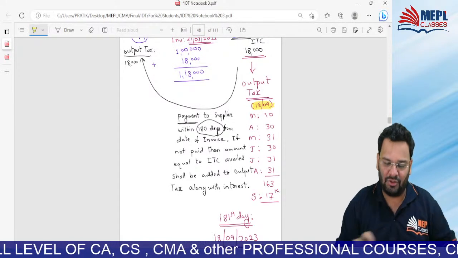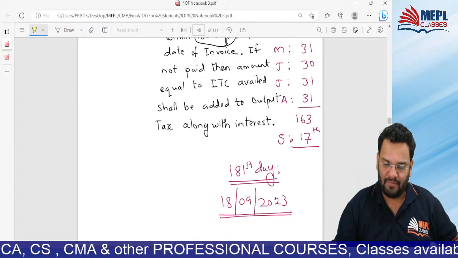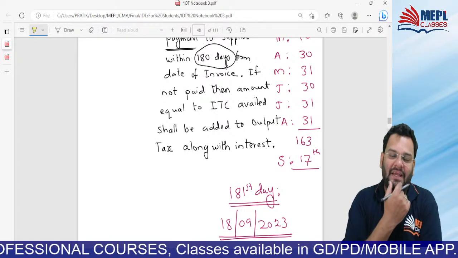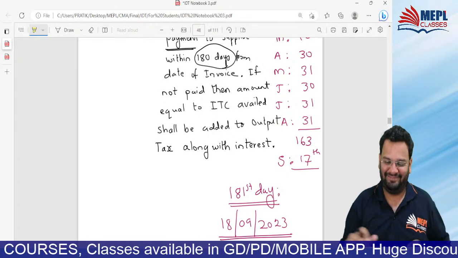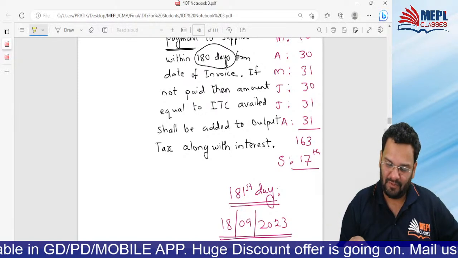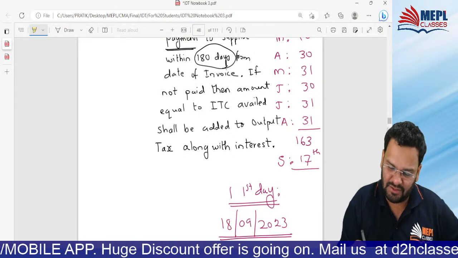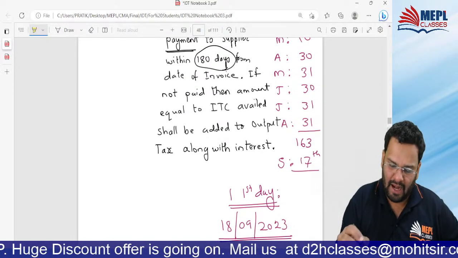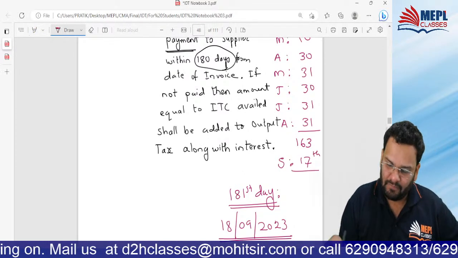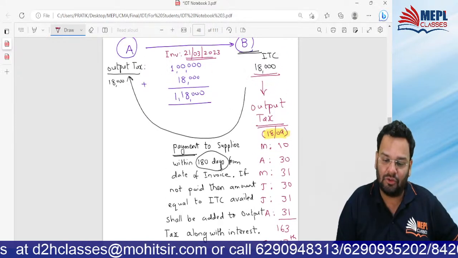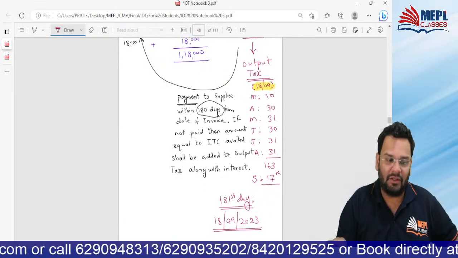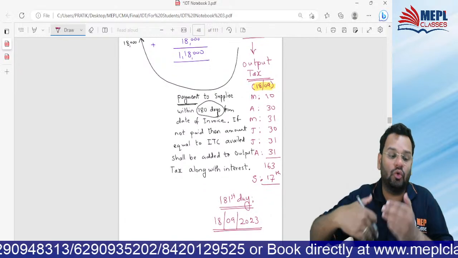On the 181st day, you have to add back the amount, in this example 18,000 rupees, along with interest. Yes. So I think you have understood this. We will go to the next point.